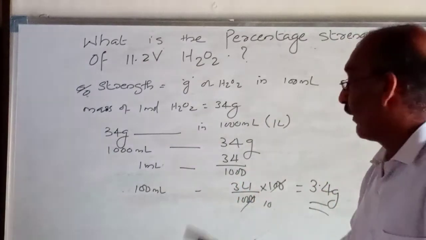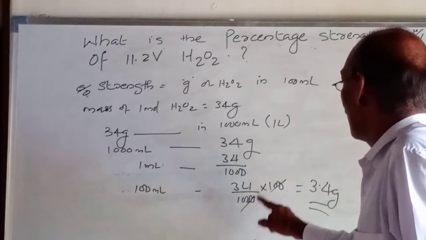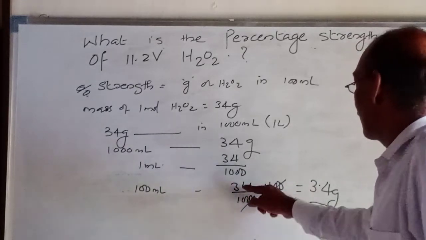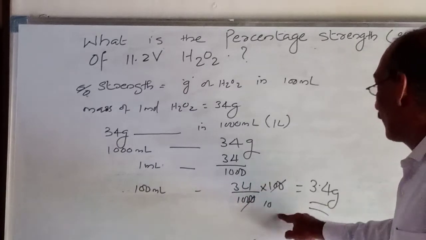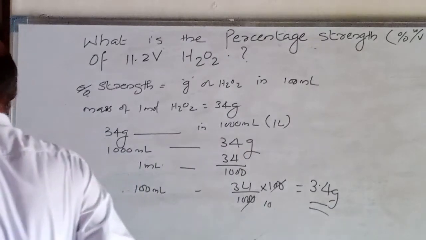If so, 1 ml means 34 by 1000, then 100 ml means 34 by 1000 into 100. 100 and 1000 can be cancelled. We will get 34 by 10, that means 3.4 gram. Okay. Let us go to the next question.